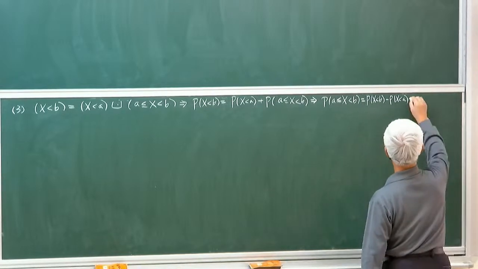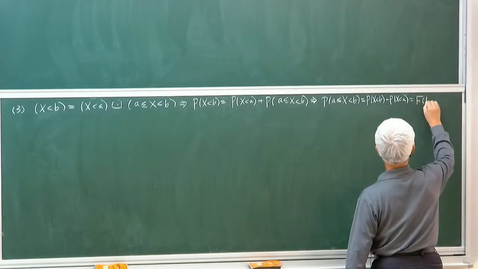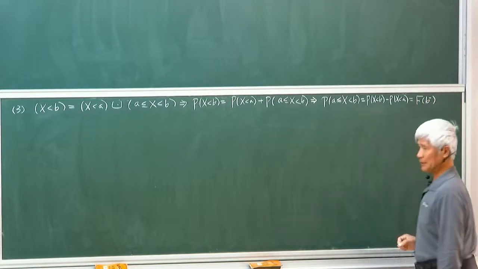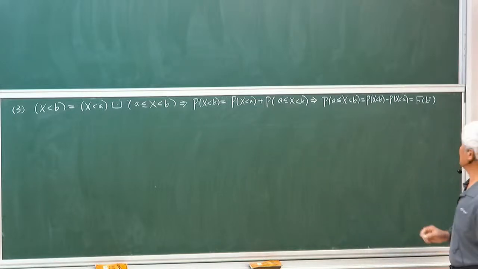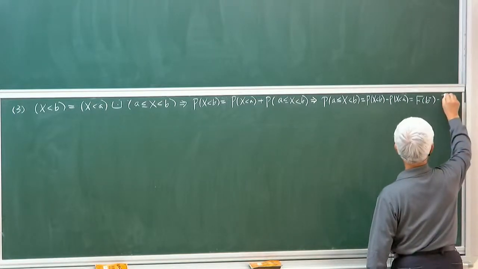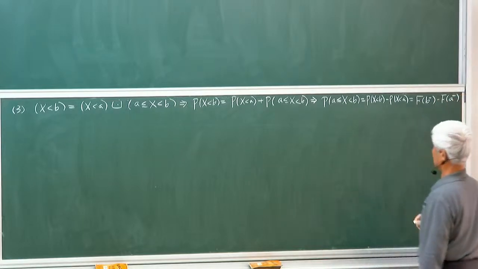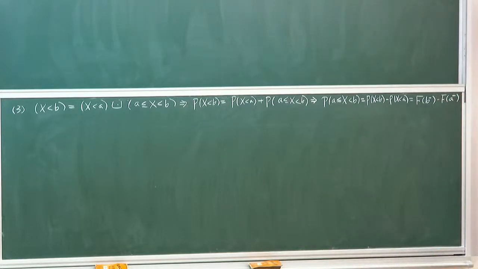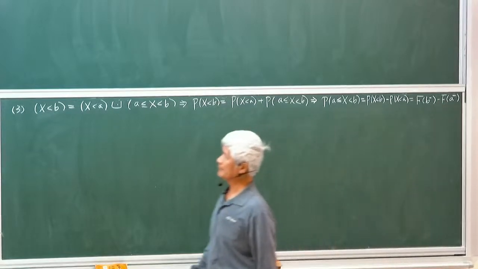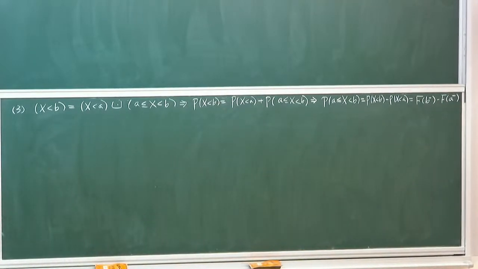That is the left limit of the CDF at b minus the left limit of the CDF at a. So that is the third.